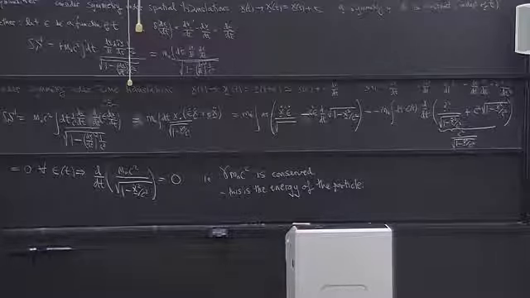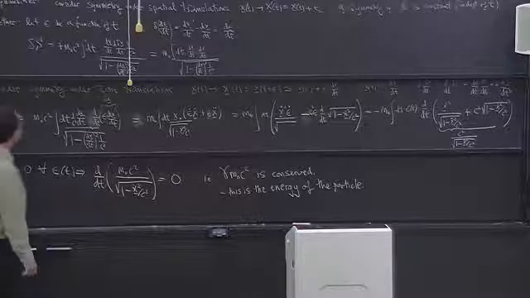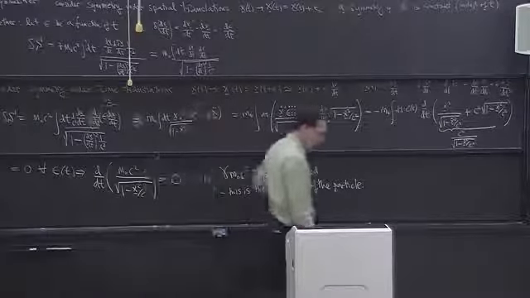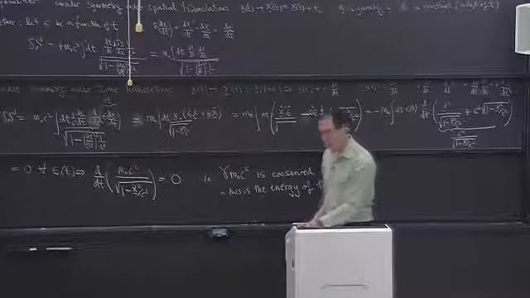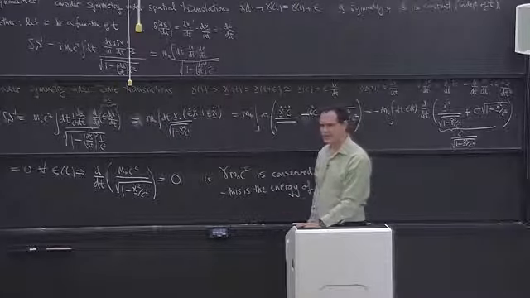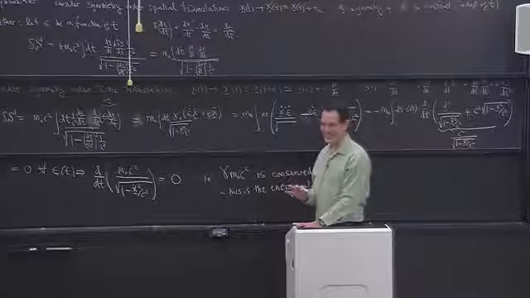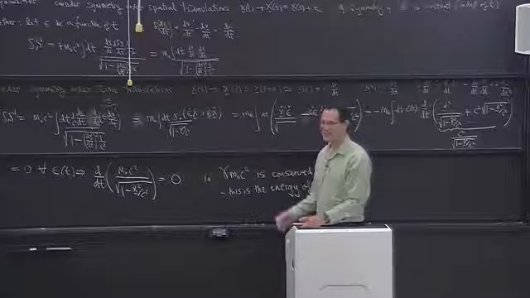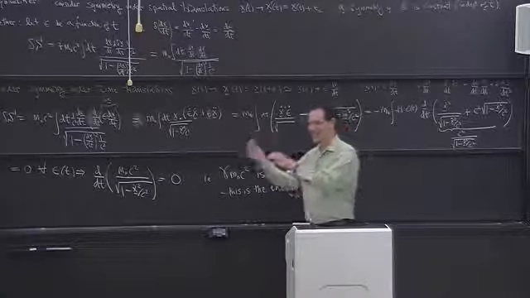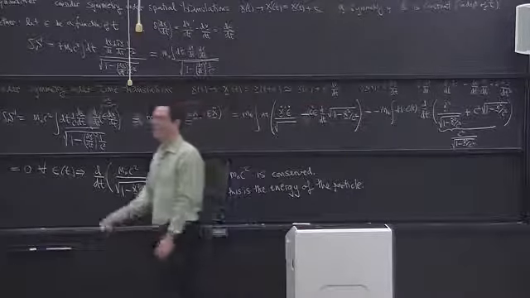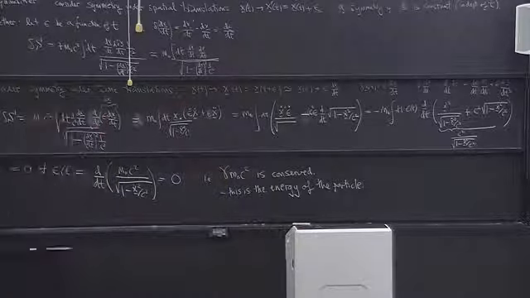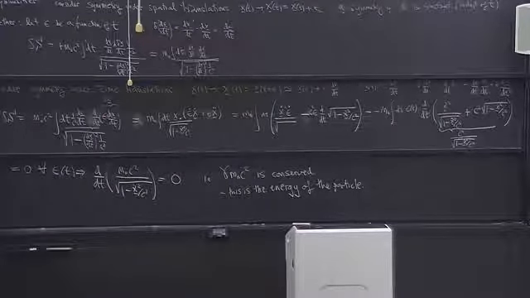Could you choose proper time? No, because, let me think about that. Proper time is invariant. Energy is not invariant. So there's no way you can use an invariant thing to derive a non-invariant thing. A similar issue arises when you consider Lorentz transformations, because some of them are rotations.